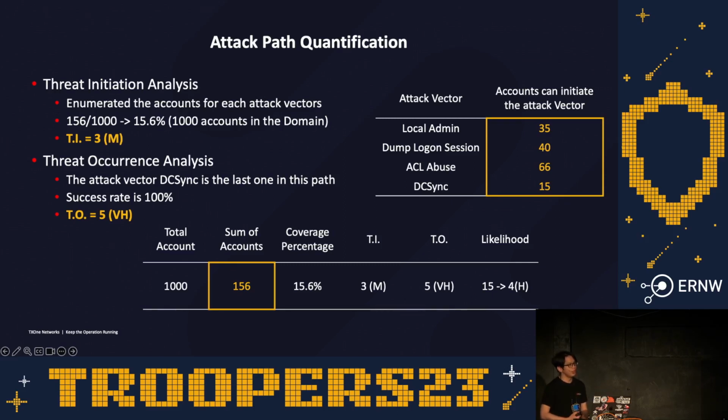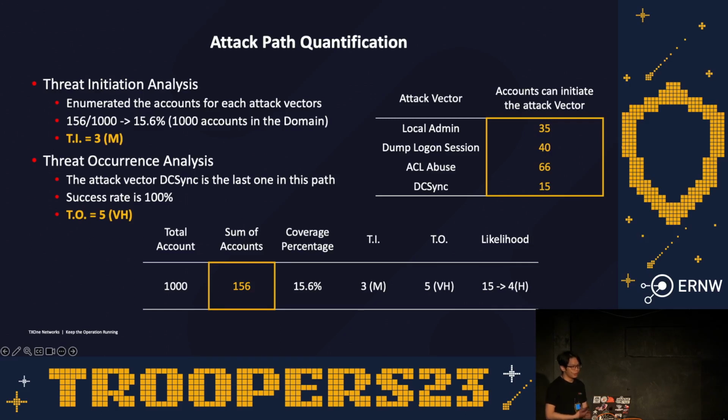In this environment, the entire domain has 1,000 accounts. Therefore, we have the coverage percentage, which is 15.6%, and therefore we have the threat initiation value of 3, or the level is moderate.